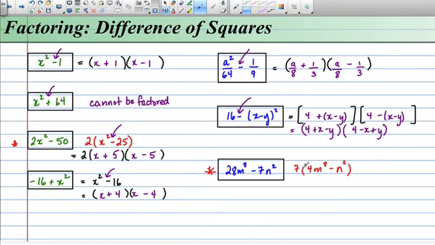And that's fine. And the last one, make sure you keep that common factor outside of the brackets. And we have a plus minus because it's a difference of squares question. 2m to the 4, 2m to the 4, and n.